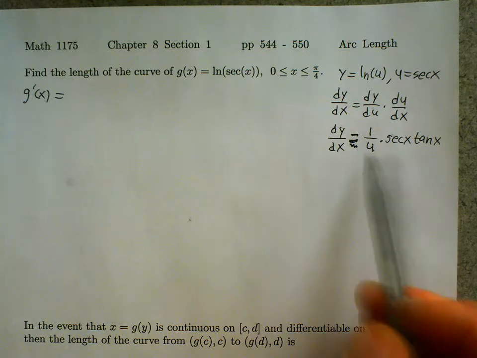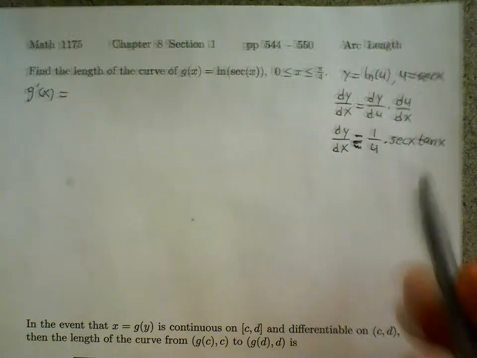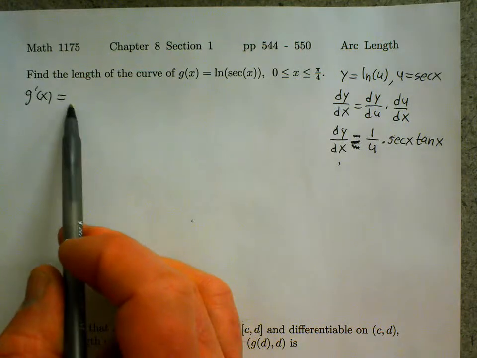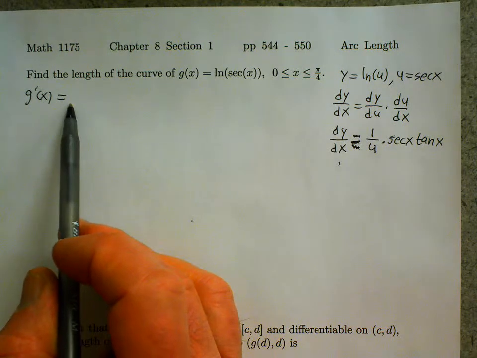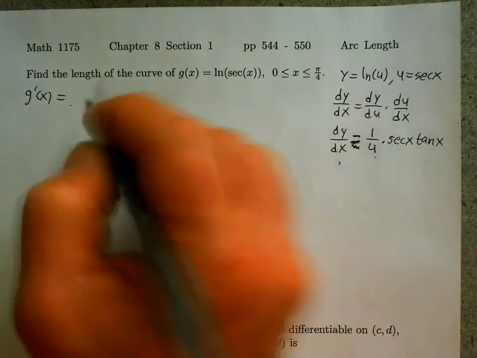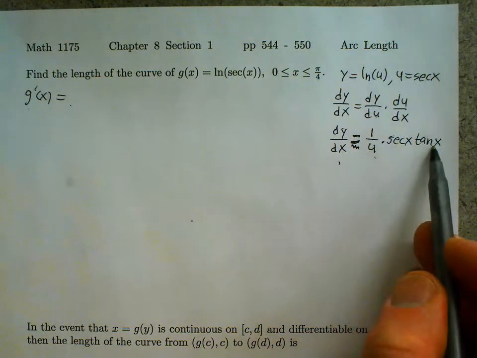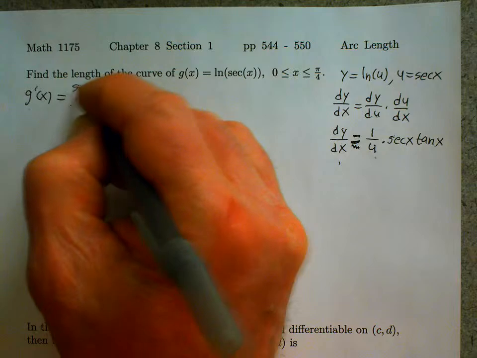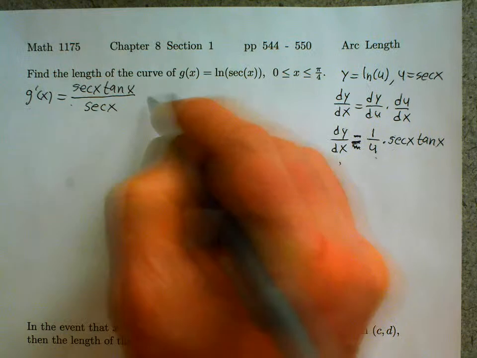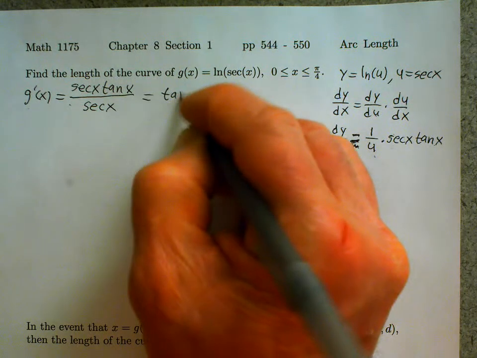And then we replace u with secant of x again. G prime of x is 1 over secant of x times secant of x tangent of x, or we can write it as secant of x times tangent of x over secant of x, and that simplifies to tangent of x.